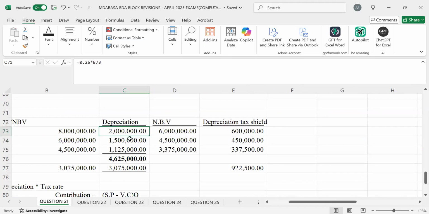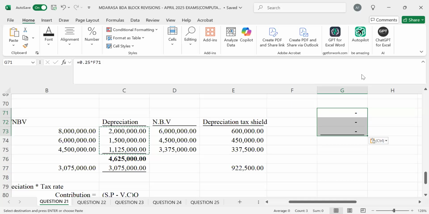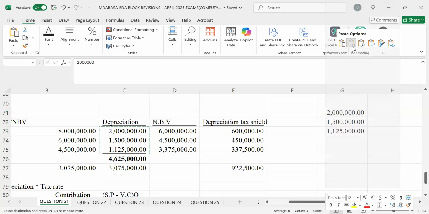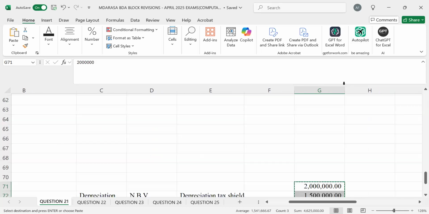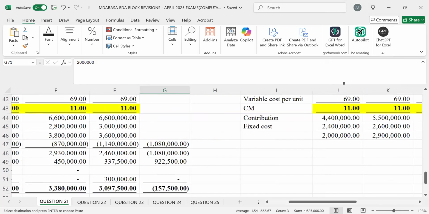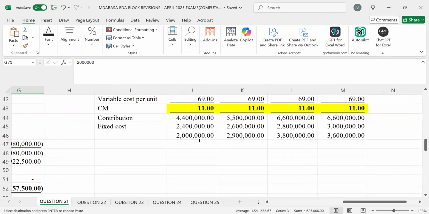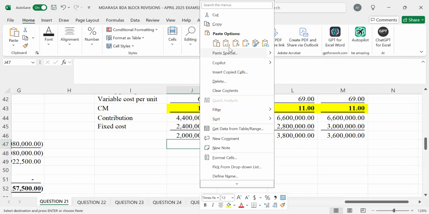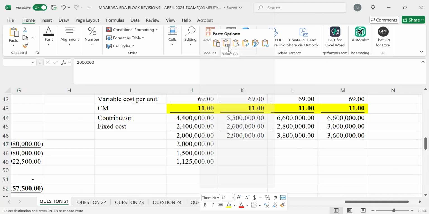So you come and take your depreciation directly here. You come and consider your depreciation here.